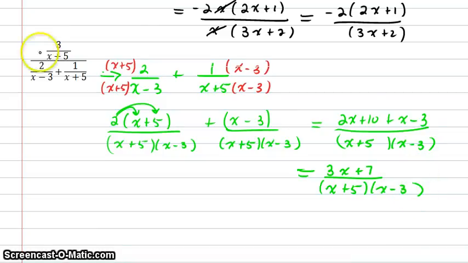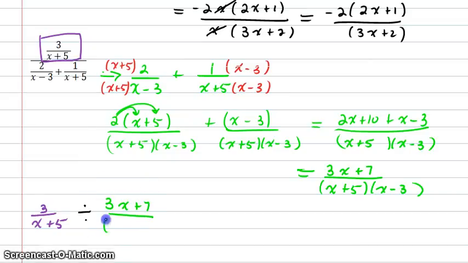Our numerator, remember, was 3 over x plus 5, so we're going to take numerator divided by denominator. So that's 3 over x plus 5 divided by 3x plus 7 over x plus 5 times x minus 3. Okay, so we've rewritten it.